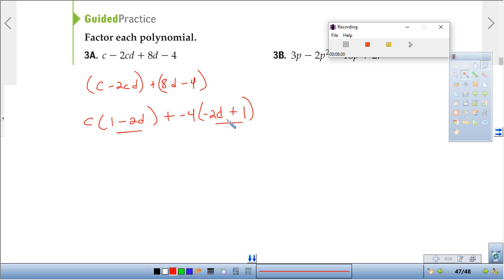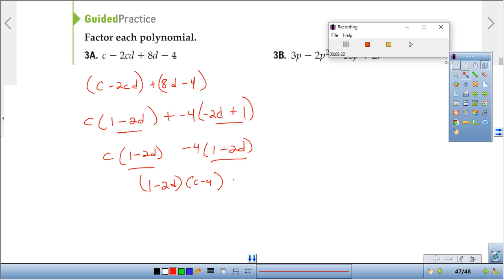That's just rewritten weird. So rewrite this thing over here. Negative 4, 1 minus 2d, and then we're going to have c times 1 minus 2d. You see that? So then this and this come out. 1 minus 2d, c minus 4. Boom.